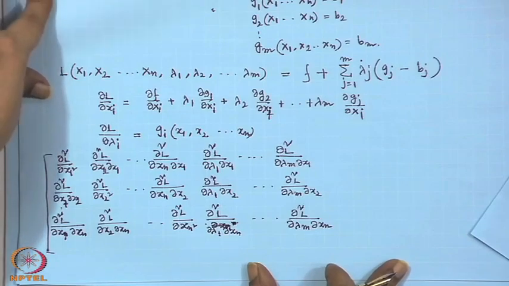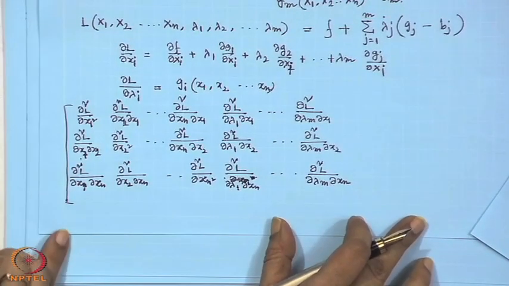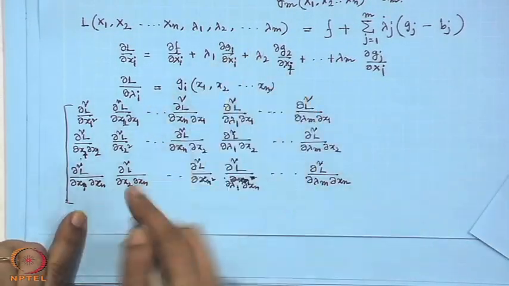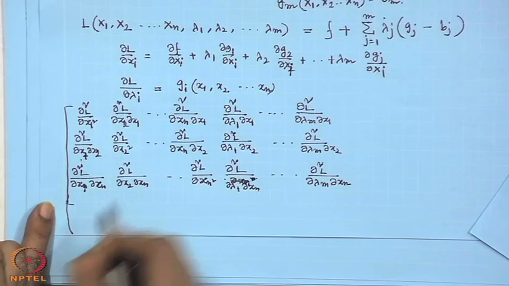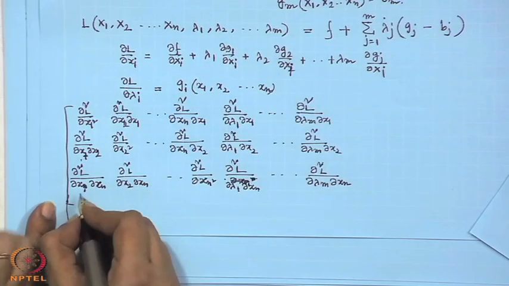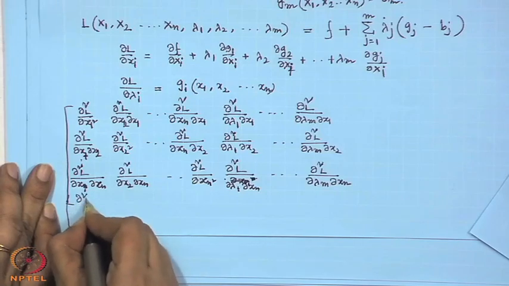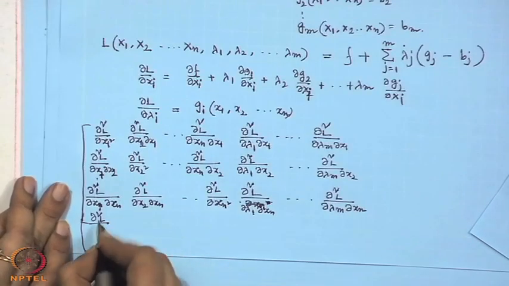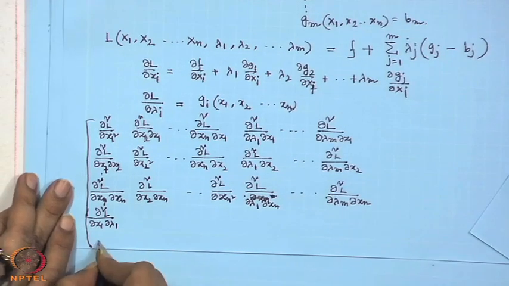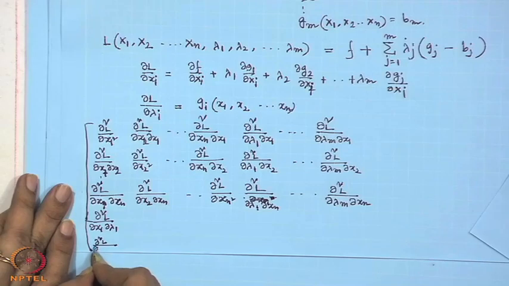If I move further, because L is a function of n decision variables, and not only that, m Lagrange multipliers as well, the next term would be del 2L by del x1 del lambda 1, and the last one would be del 2L by del x1 del lambda m.